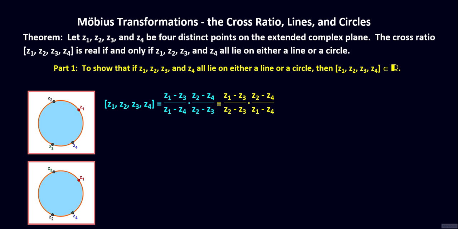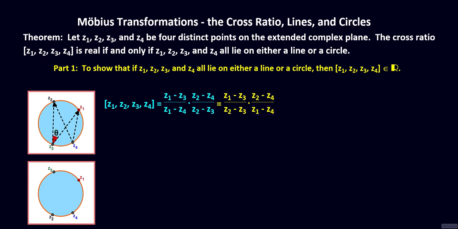We can associate the complex number z sub 1 minus z sub 3 to the vector from z sub 3 to z sub 1, the complex number z sub 2 minus z sub 3 to the vector from z sub 3 to z sub 2, the complex number z sub 2 minus z sub 4 to the vector from z sub 4 to z sub 2, and the complex number z sub 1 minus z sub 4 to the vector from z sub 4 to z sub 1.